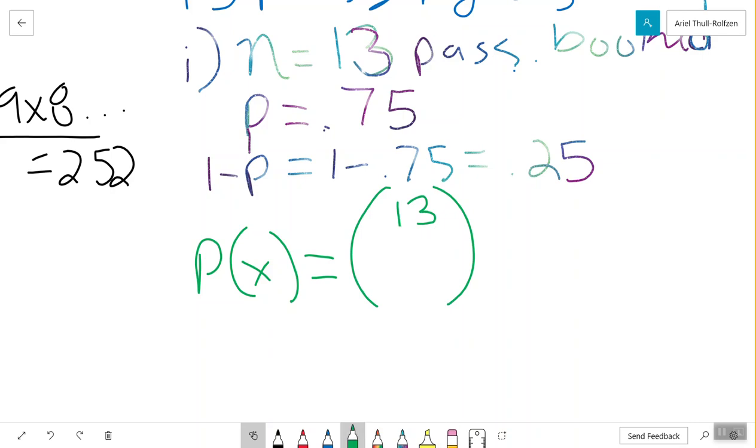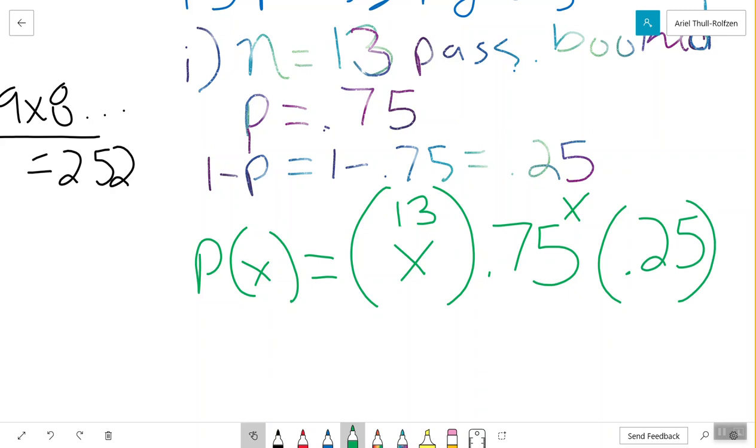This is a combination, like we talked about earlier on in the problem. Over X times our P, which is 0.75, to the power of our X, times our 1 minus P, which we found to be 0.25, times our N, which is 13, minus our X.